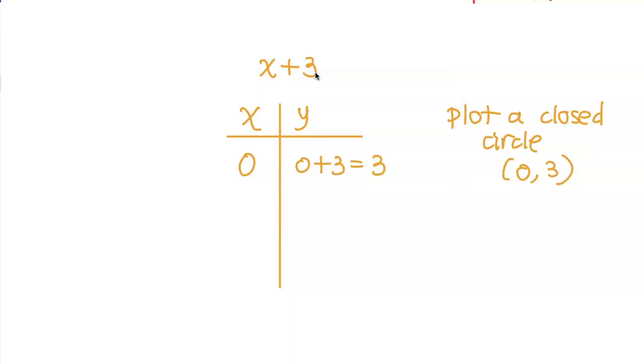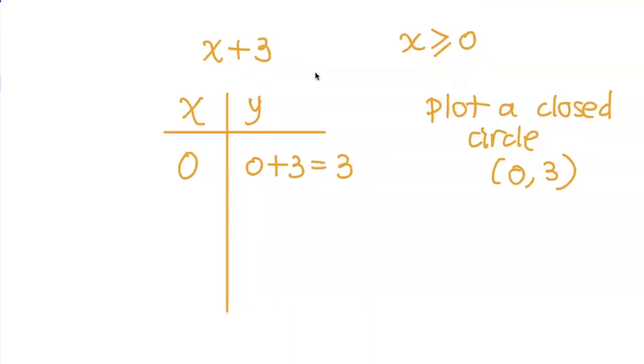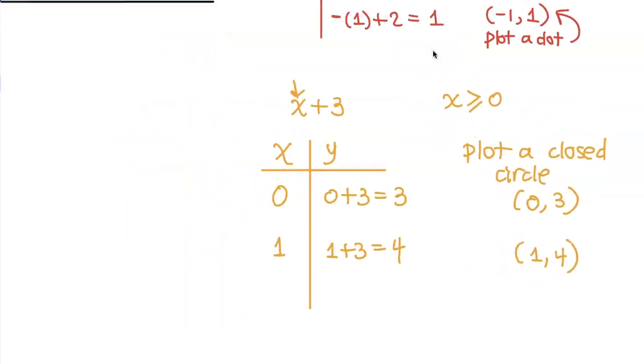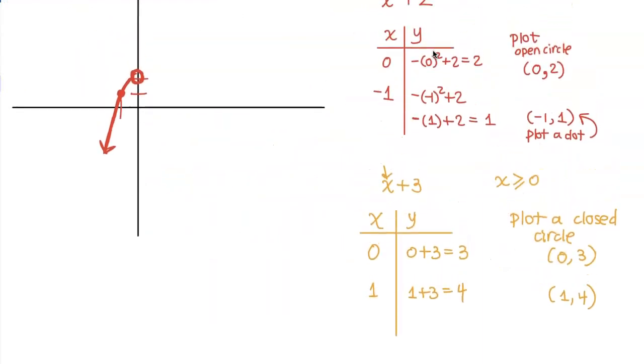Okay? The domain for the second piece was x greater than or equal to 0. So I can pick another point that is bigger than 0. Let me pick 1. If I plug 1 into this function, I'll get 1 plus 3, and that's 4. So I will plot another point at 1, 4. So these are the 2 points that we need for the second piece.